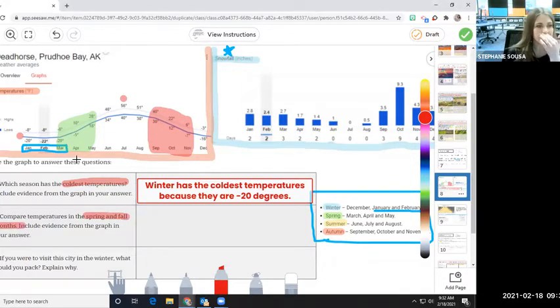I notice over here in the spring that in March it starts at -20 degrees and the hottest it gets is 28 degrees, okay? In November, it's the coldest at -7 degrees and it's the warmest at 40 degrees. So it is easier for me to see that in the spring, it is colder than in the fall.